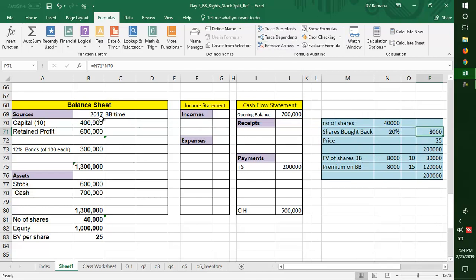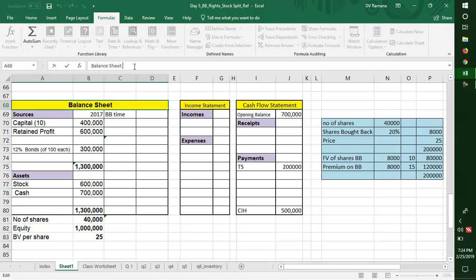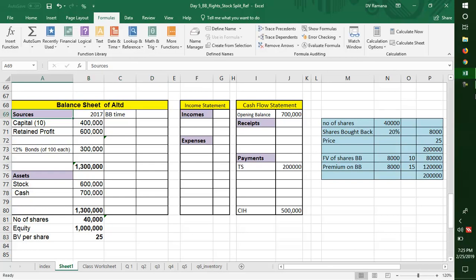So that means company A is buying back these 8,000 shares from the market, from the existing shareholders, at a price of 25.